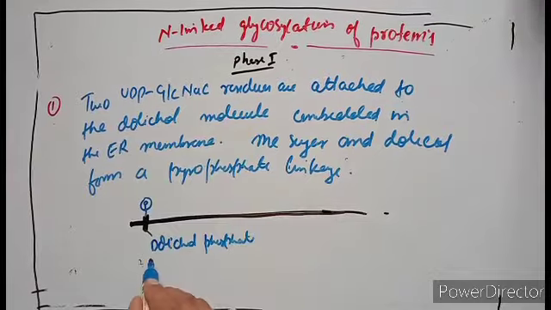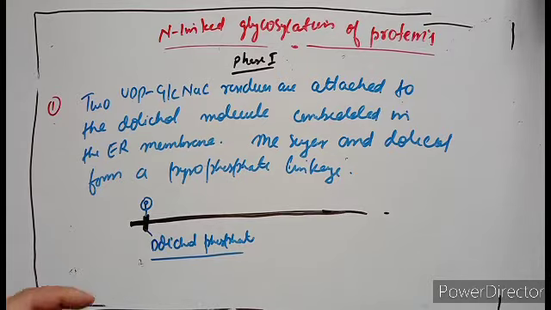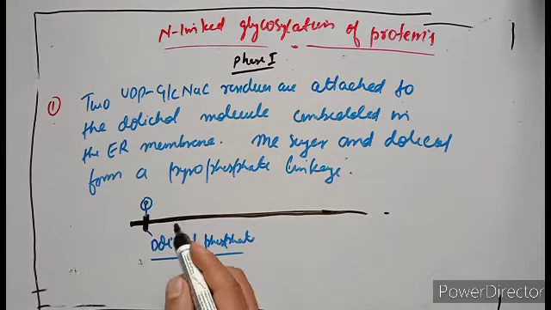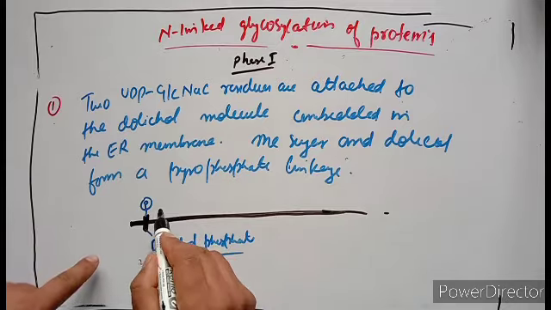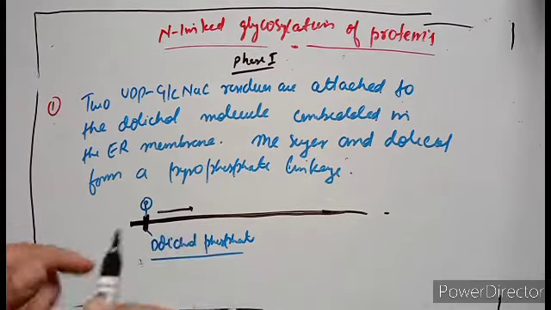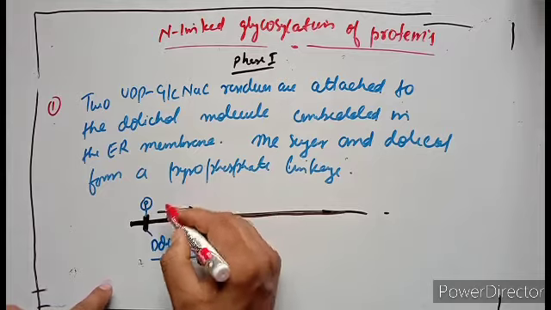So this lipid is already present in the endoplasmic reticulum, in the membrane of the endoplasmic reticulum. So first of all, 2 UDP glucose, we can see this reaction like this.